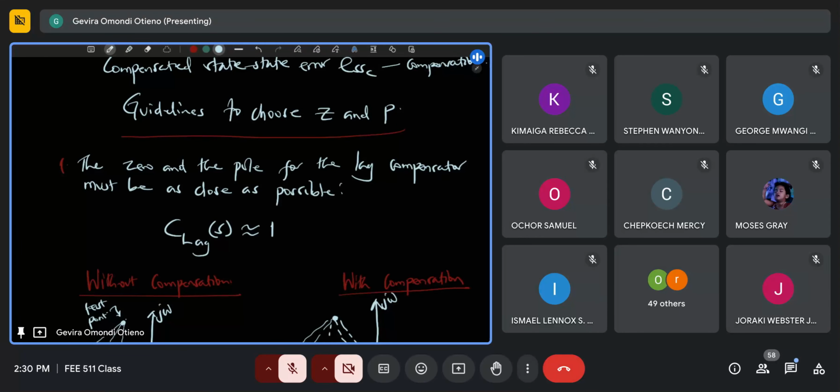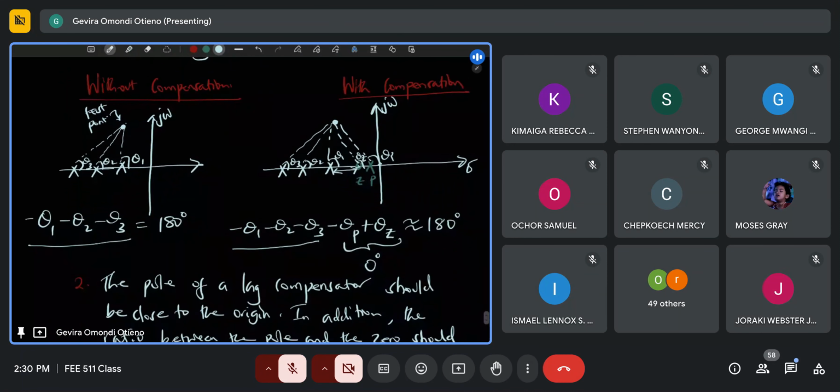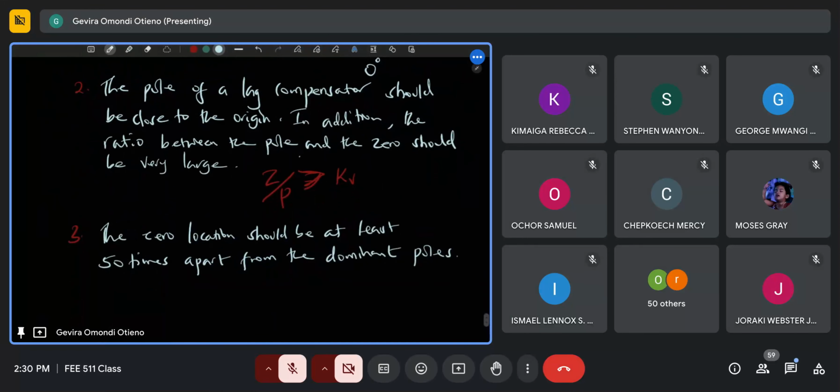We don't want to affect the magnitude condition. Those conditions are already fixed by the lead compensator. Here, we only want to reduce the steady state error. So our design should be such that the pole and the 0 that we are picking should be as close to the origin as possible and should be at least 50 times away from the dominant poles of your root locus. Now, again, if I do an example, that point will sink home.